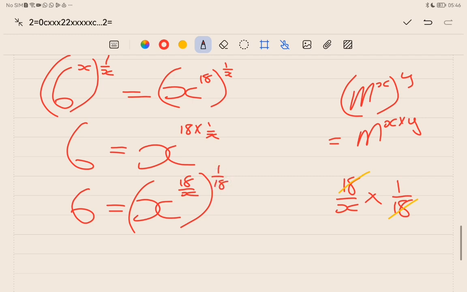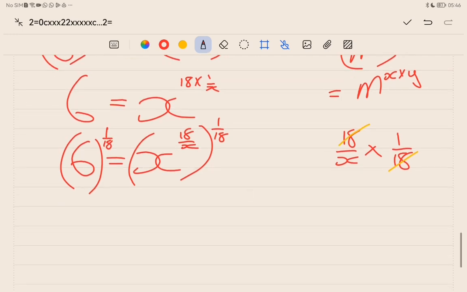this. But remember that whatever you do on the left hand side or on the right hand side, you must do on the other side. I will explain why they say what you do on the left hand side, you must do on the right hand side. It is because this is an equation. If what you do on the left, you don't do on the right, the equation is no longer an equation.